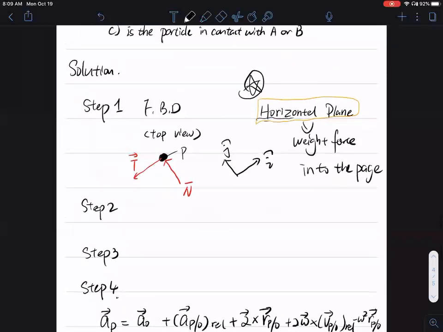Step 3 is write all the forces in vector form. In our free body diagram, we only have 2 forces.